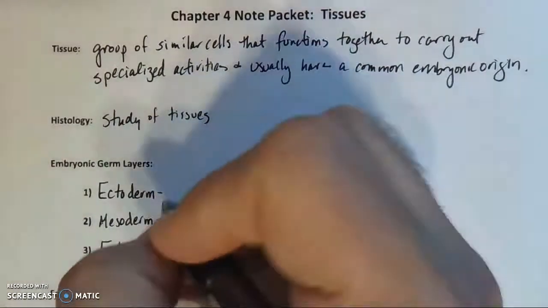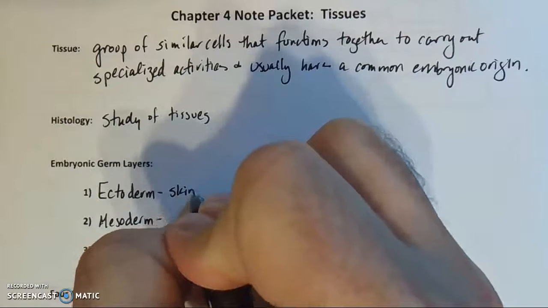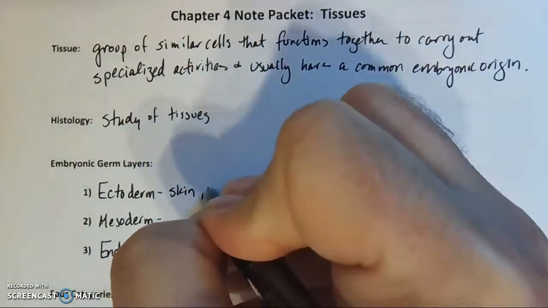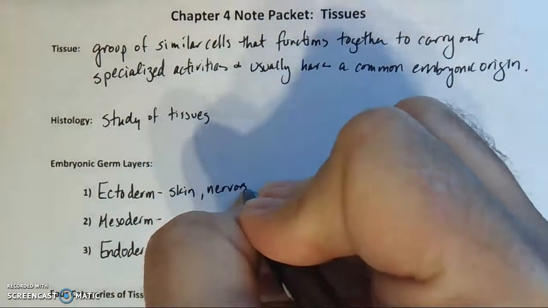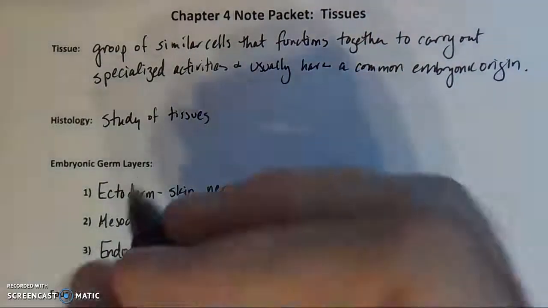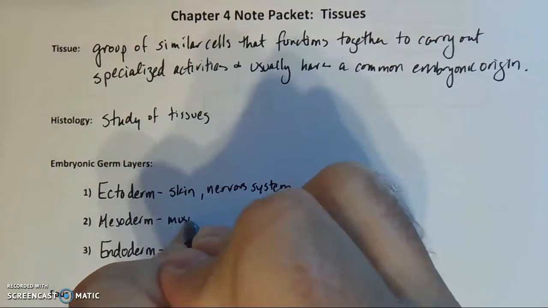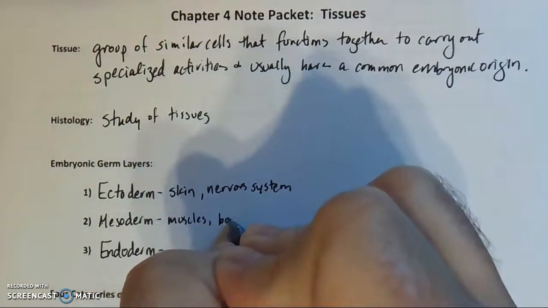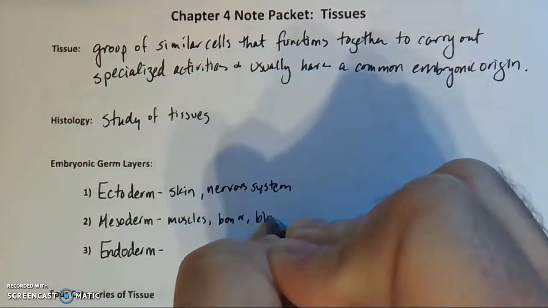The ectoderm is where our skin, the integumentary system, comes from, and the nervous system. So they have a common embryological origin. The mesoderm, we end up with muscles, bones, and our blood vessels.